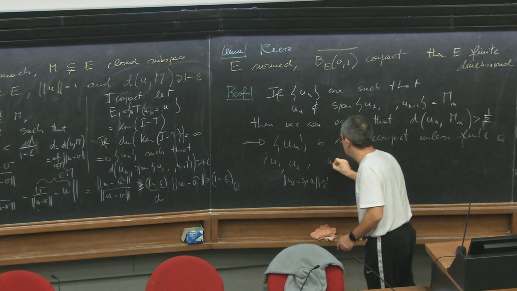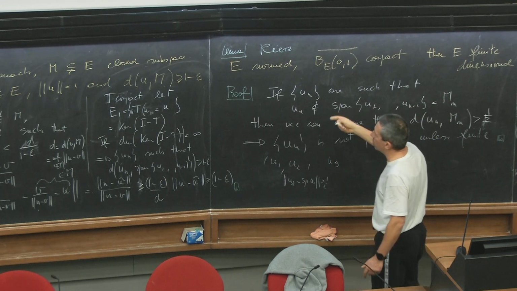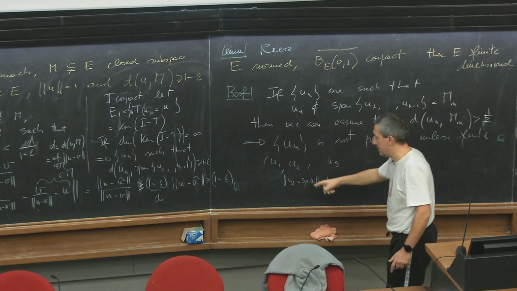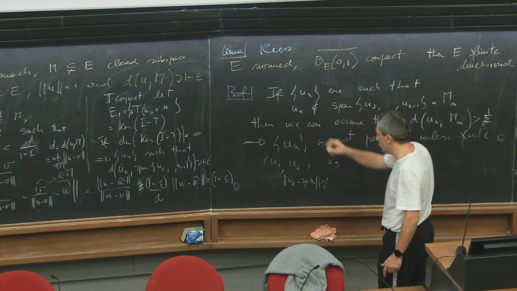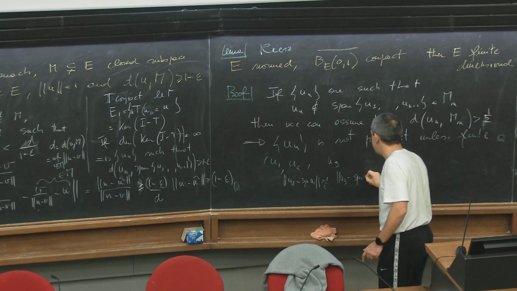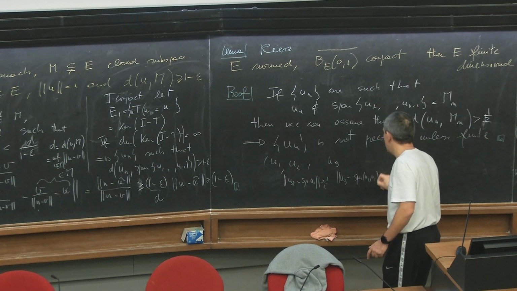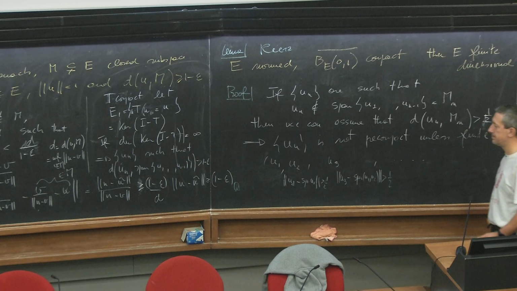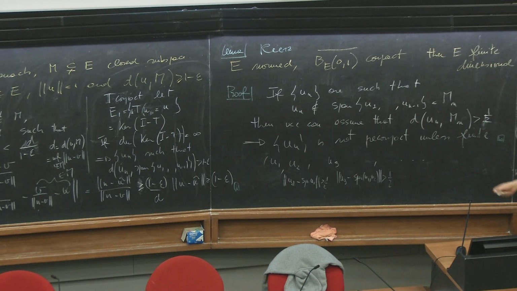Otherwise, you take u_3, which does not belong to the span of these two, which is the same as the span of the original ones. And then you can assume that the distance of u_3 from the span of u_1, u_2 is at least 1/2. And then you go on. So you have the property that u_n has distance 1/2 from the span of the previous ones.